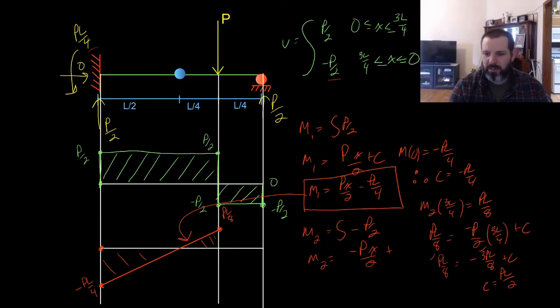So plug that in here and give us our second moment equation, minus Px over 2 plus PL over 2.